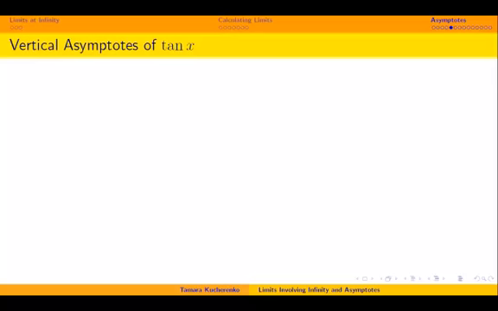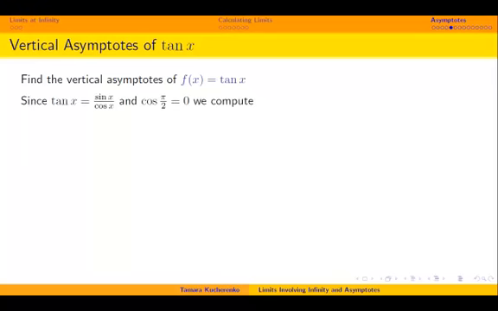Let's find the vertical asymptotes of tangent x. Recall that tangent x equals sine x over cosine x. One of the points where the denominator cosine x equals 0 is pi over 2.